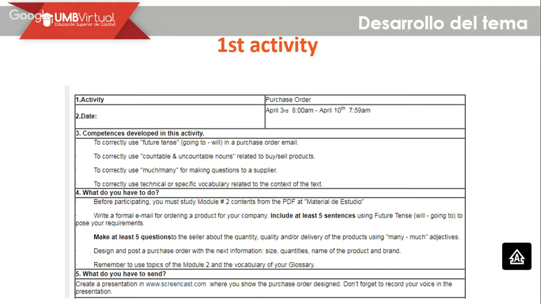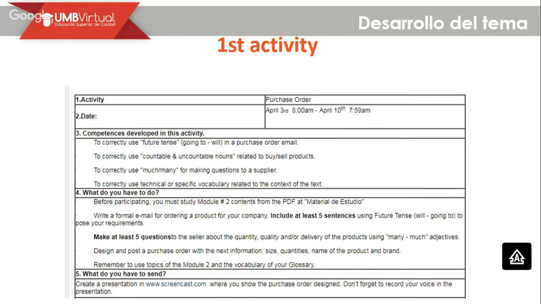Ok. Recordemos que tenemos dos actividades dentro de este módulo. The first activity, I'm going to just read the information right here and I'm going to explain a little bit later. Okay. What are the competences developed in this activity? So first of all, the idea is that you are going to use the future tense going to and will in a purchase order email.